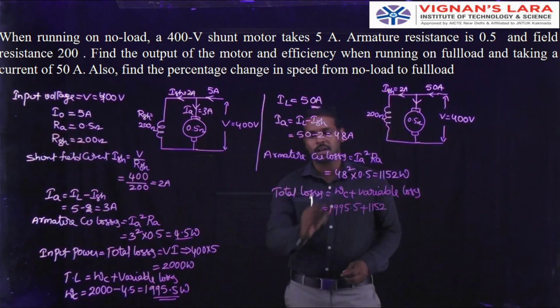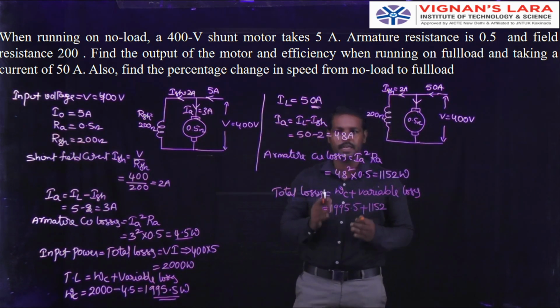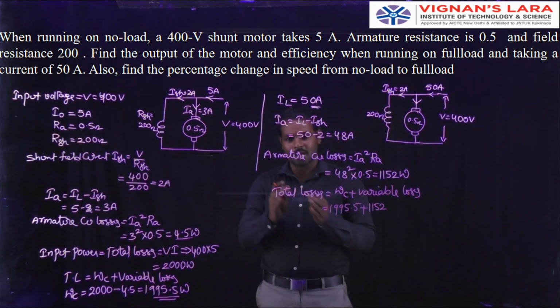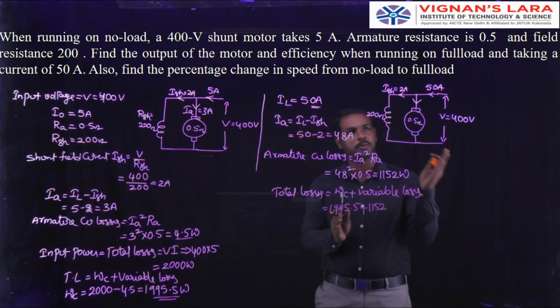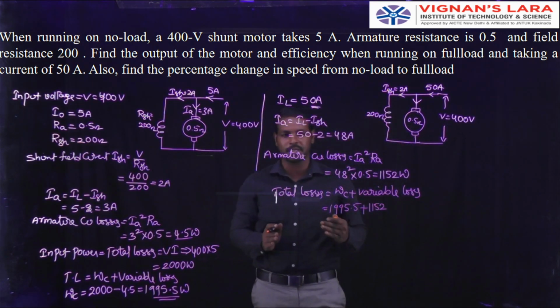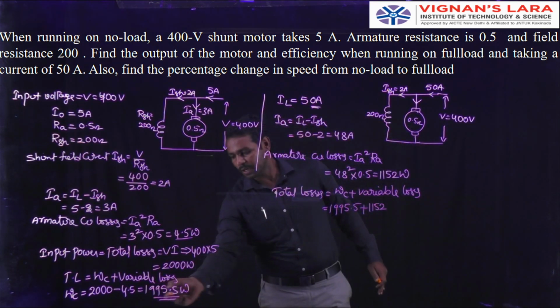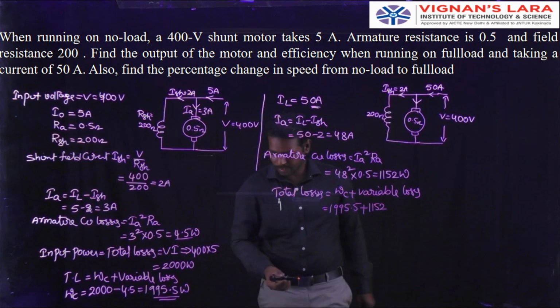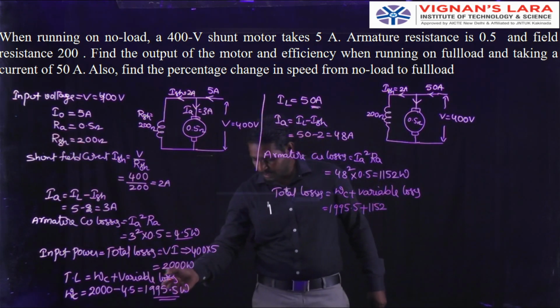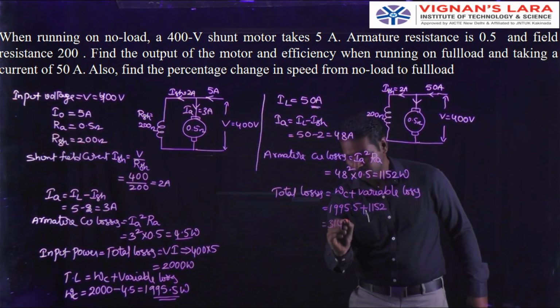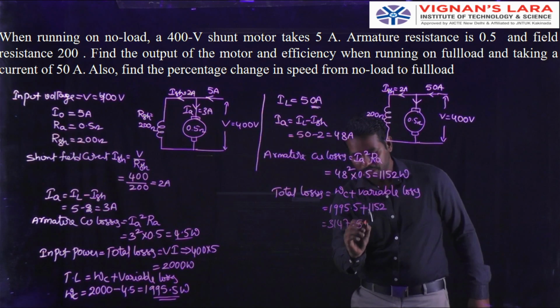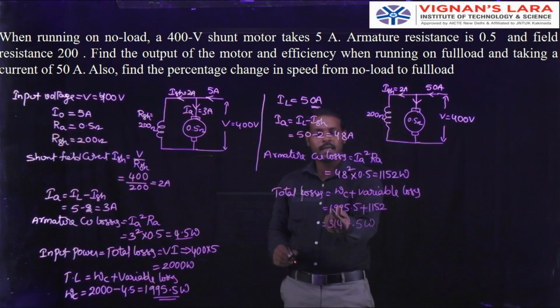Constant losses are always independent of load. Once the constant losses are fixed in a motor, whatever current is drawn from the supply, those losses will not change. So the summation of these two is 3147.5 watts. These are the total losses.